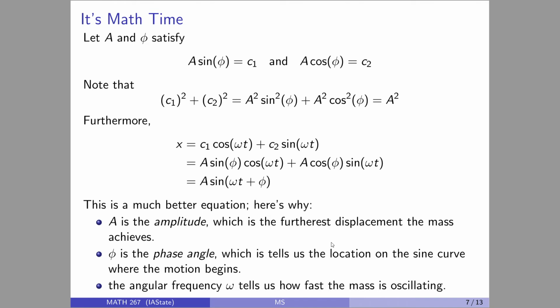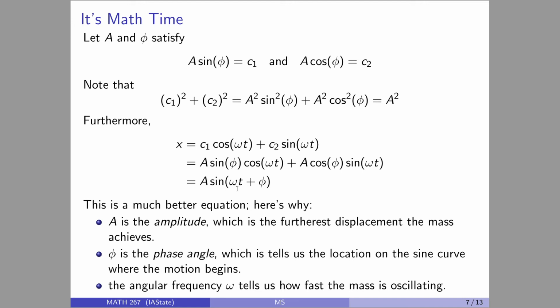And as we noted, we called omega the angular frequency, and now we see why. Well, it's scaling t, so the phi just shifts the sine curve. The omega, though, is multiplying the input. So that means this is telling us how quickly we are going to be oscillating through sine, right? Sine is an oscillatory function.